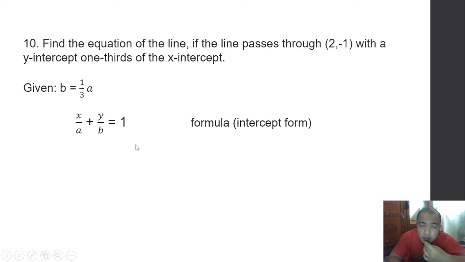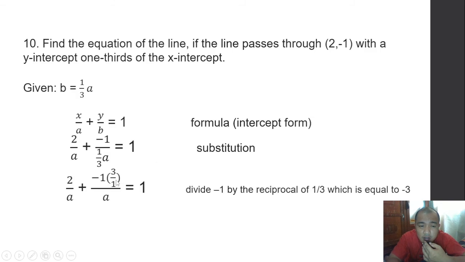So substitute it now to the intercept form of the equation of the line, x over a plus y over b equals 1. X is 2, y is negative 1, while b is 1/3 a. So 2 over a plus negative 1 over 1/3 a equals 1. Then we multiply by the reciprocal of 1/3, which is 3 over 1.